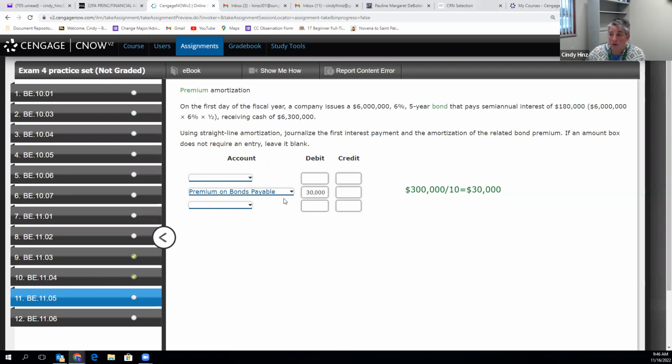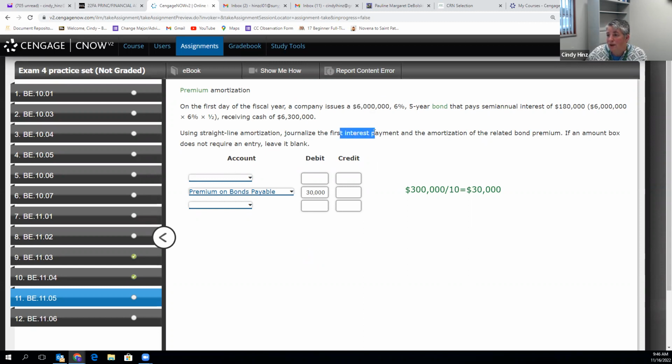It will be down to zero. And then when we pay off the bonds, we pay just the face value, which is now equal to the carrying value. So the carrying value of the bonds is the face value plus any premium that's still there, or minus any discount that we're still showing.